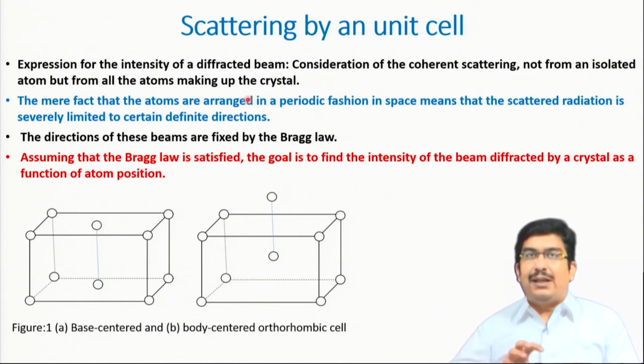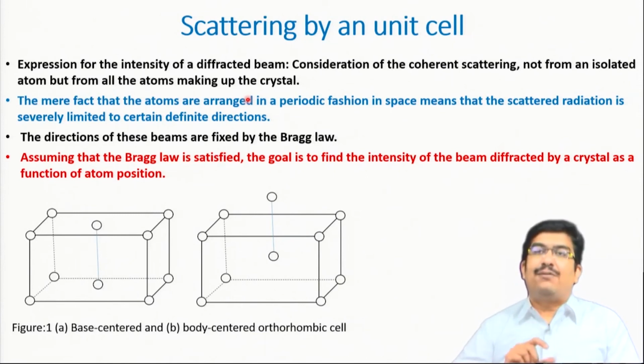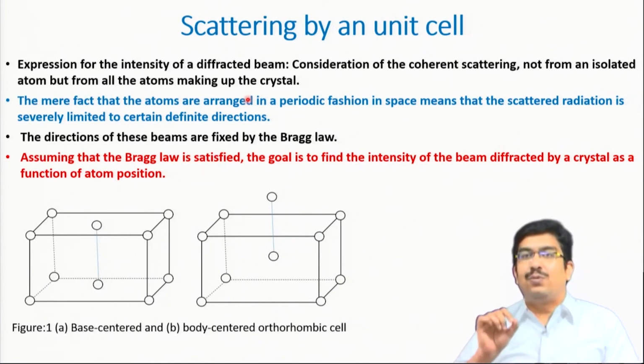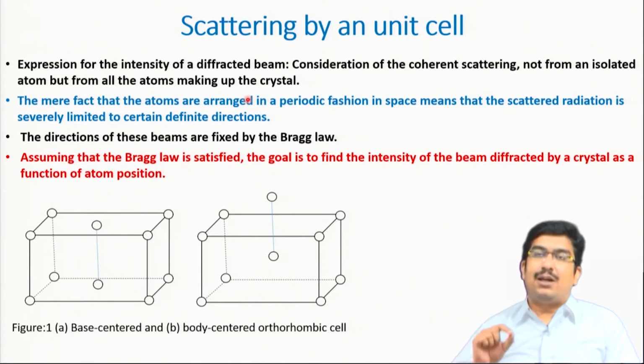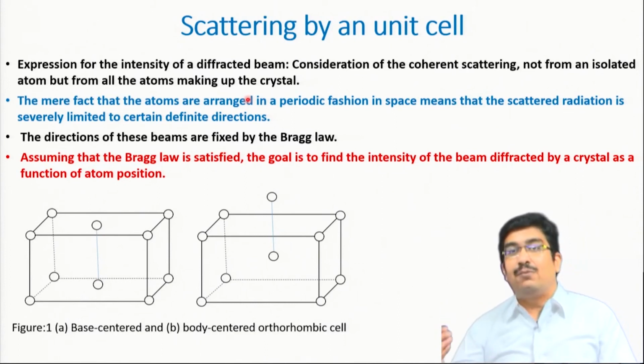What we will consider now is coherent scattering not from one single atom, but from all the atoms which make up a crystal. So, we have to now add it up. Earlier we saw how we add up the waves coming out of individual electrons in order to find the final diffracted beam from an atom.